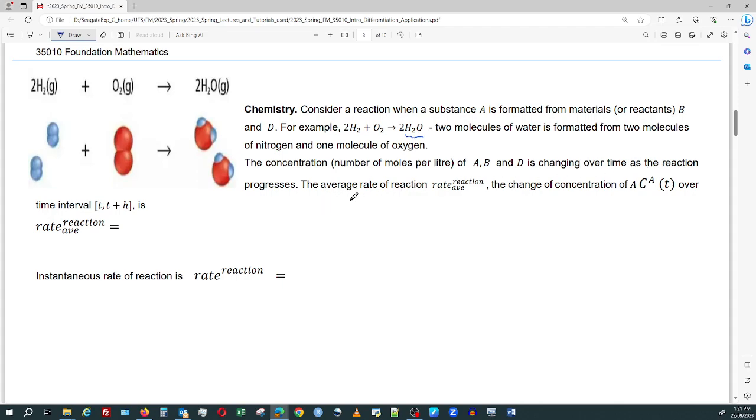The average rate of reaction, and the change of concentration, there you go. Change of concentration is a function of time.